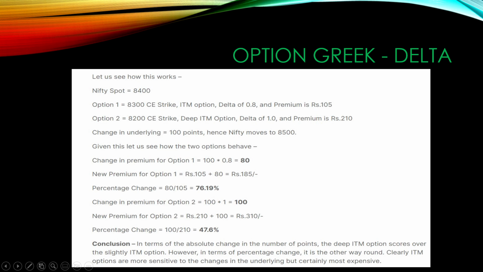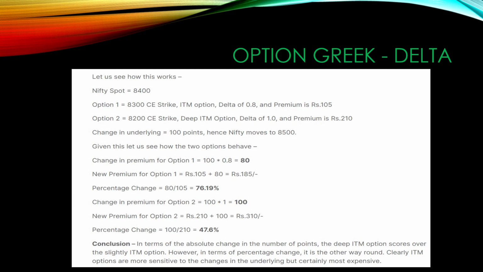So here 100 into 0.8, the rate is 0.8, so 80. But here 100 into 1, so the premium increase is 100. New premium for option 2 is what? You bought it at 210. So 210 plus this increase of 100, your premium reached 310.